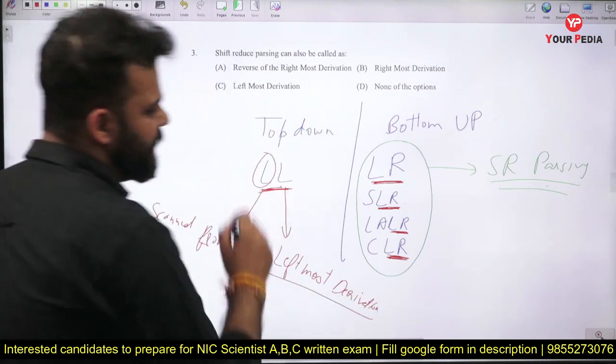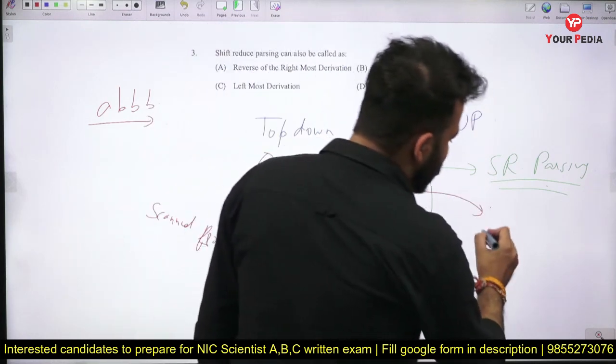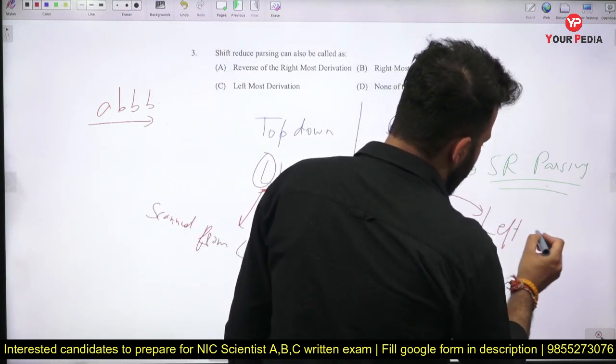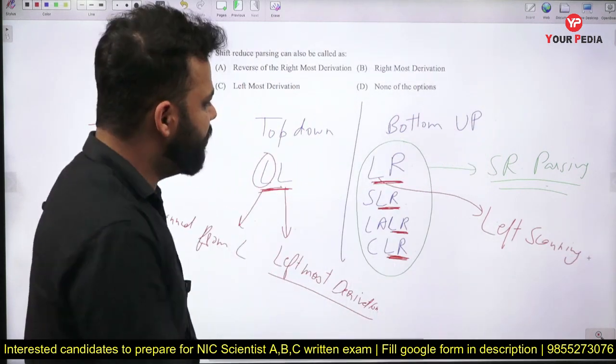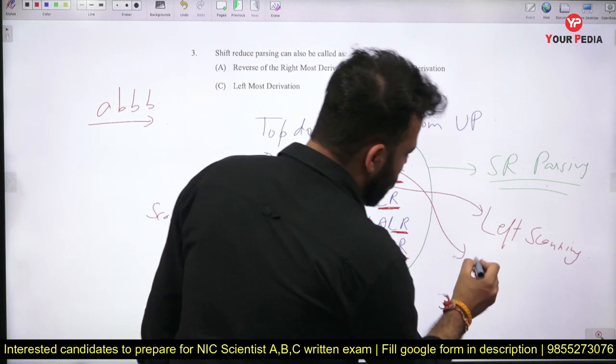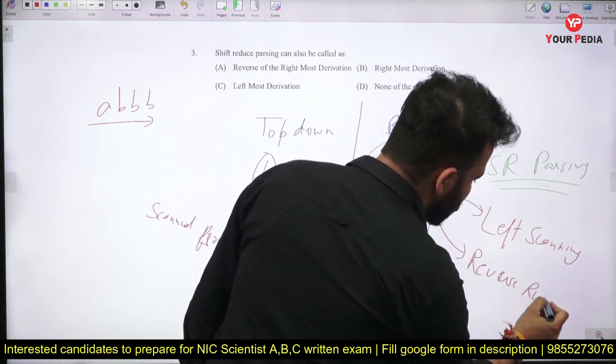Now as far as LR is concerned, this L is for scanning from the left, which is the same for both types of parsers, and this R depicts reverse rightmost derivation.